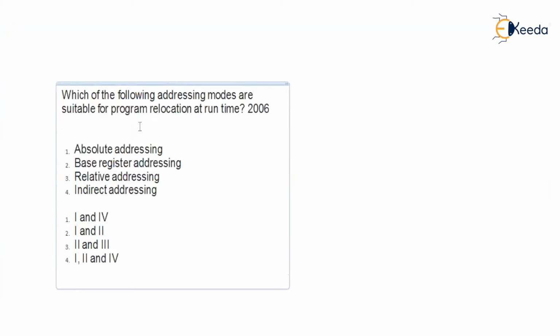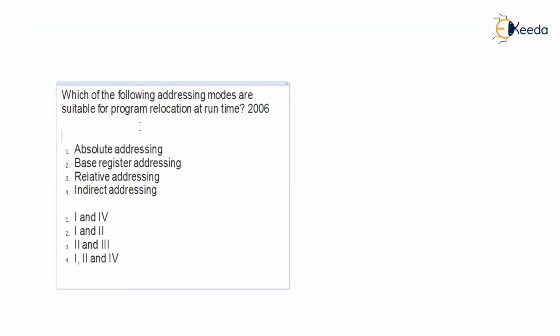Now, see, what is program relocation at a runtime? As we discussed in the addressing modes, when you write a program, this program will have its own addresses within the program. But when it gets located at the runtime, this program can be located anywhere in the main memory.